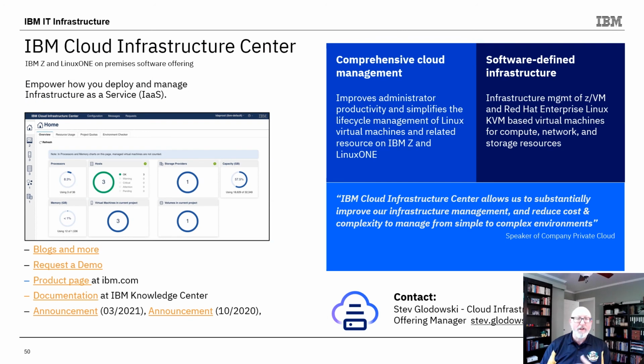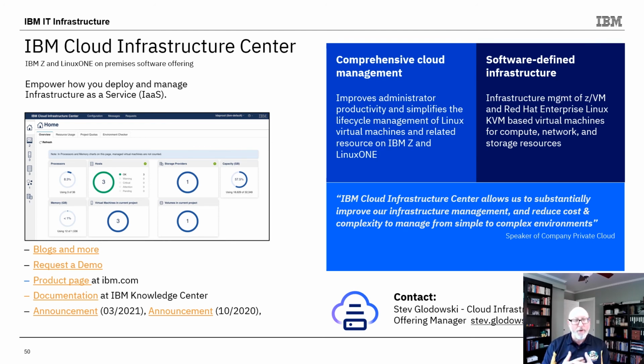IBM Cloud Infrastructure Center. I used to call it the new kid on the block. It's not that new on the block anymore, right? It's been out a while, and they've had several new releases come out. Again, they're on a continuous delivery model as well as z/VM and some of the other things I mentioned. So some neat things there. If you're not familiar with it, I encourage you to take a look at it. Again, it looks like my picture's in the way of the email address, but we'll make sure that gets in the description below if you want to read that later on.